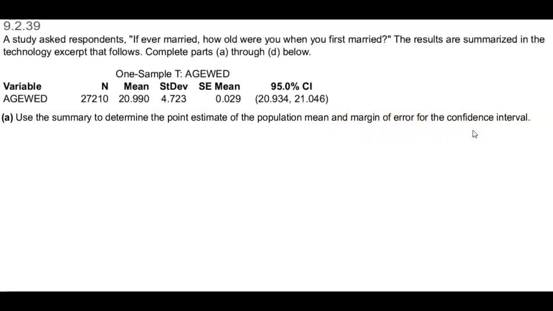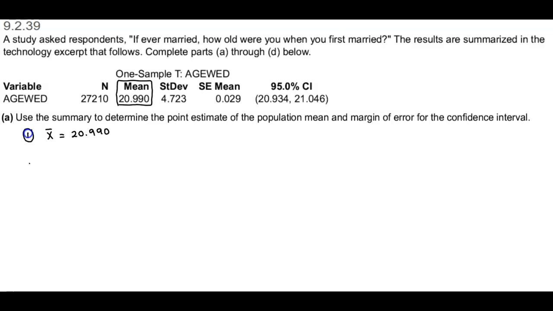Okay, so recall that what we want to do first is find the mean. Well, we already are given the sample mean here. So the sample mean is equal to 20.990.